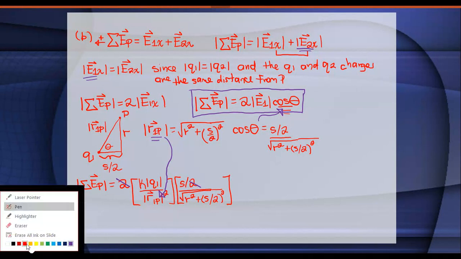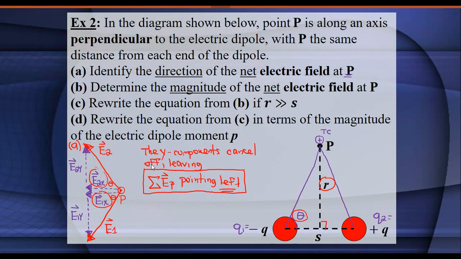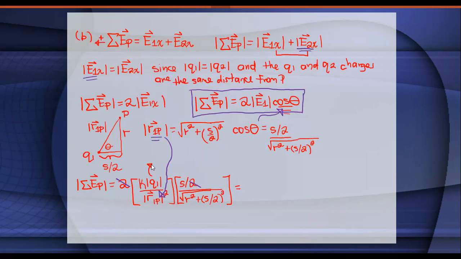We'd have K. And by the way, if we go back to the slide here, we can replace Q1 with the absolute value of Q1, which is just Q. Let's just put it in absolute value signs.